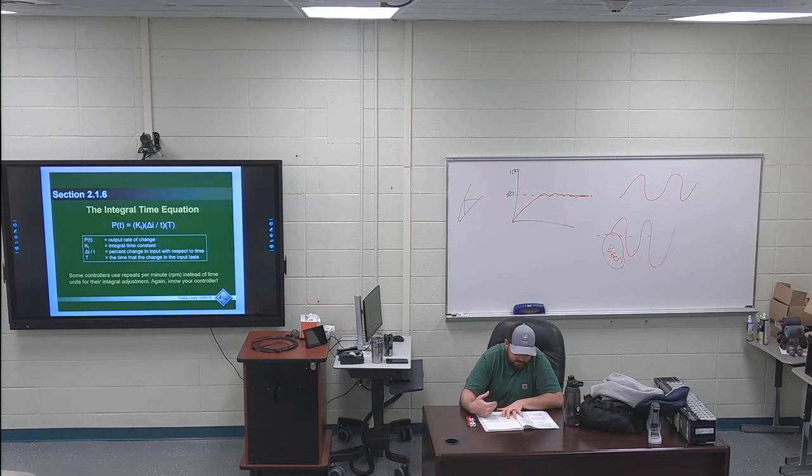Derivative time, second paragraph, first sentence, and 217 is highlighted. The differentiator provides an output amplitude that is directly related to the change of the input and it is a constant that specifies the function of differentiation.